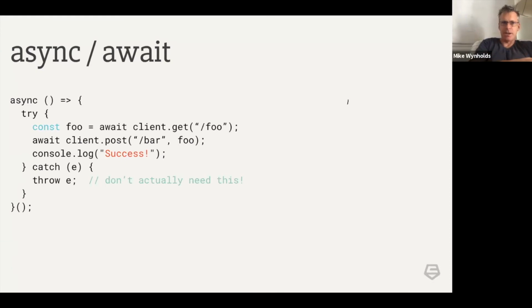But for those of you following closely along at home, you might realize that you don't need that at all, because both client.getFoo and client.postBar will throw E, and so catching it and throwing it again is useless. So you can make this even prettier. And that's what modern JavaScript looks like, as far as I know. Again, I'm somewhat far away from modern programming these days.